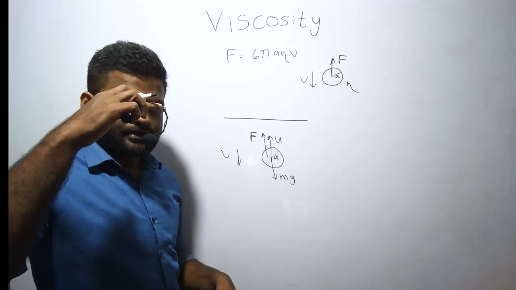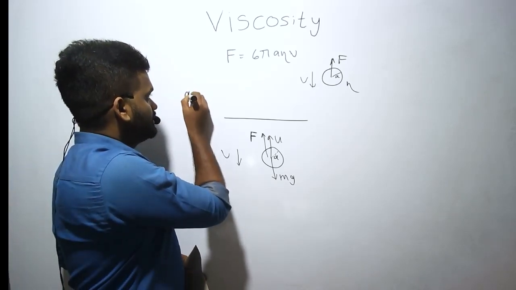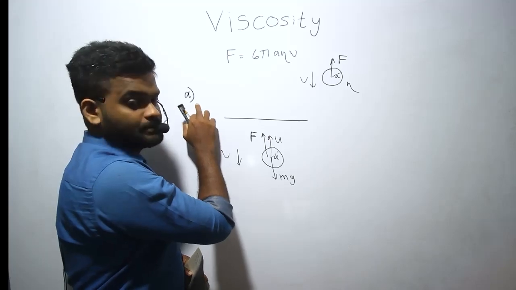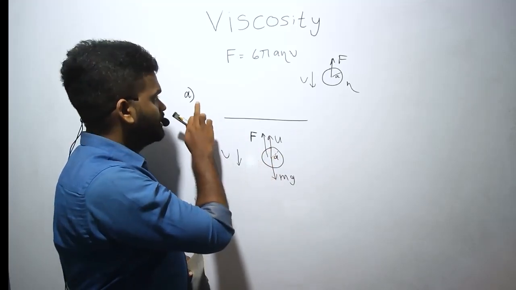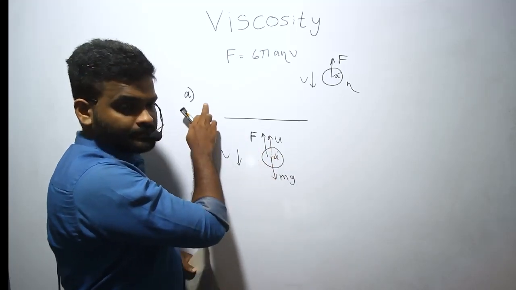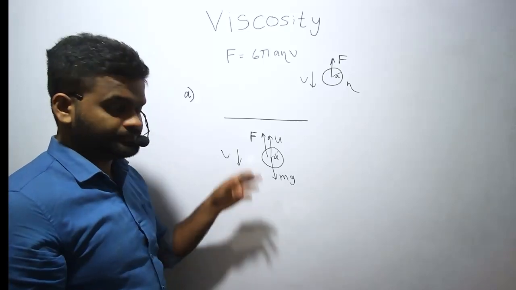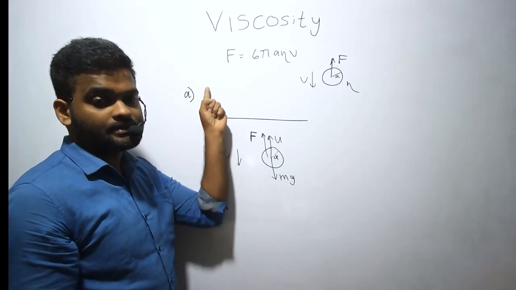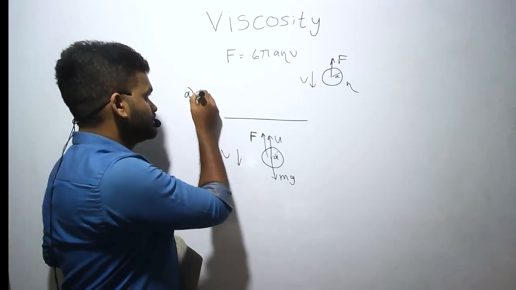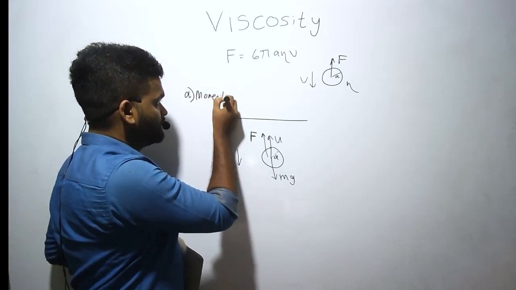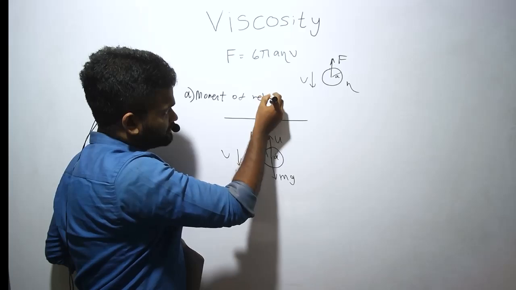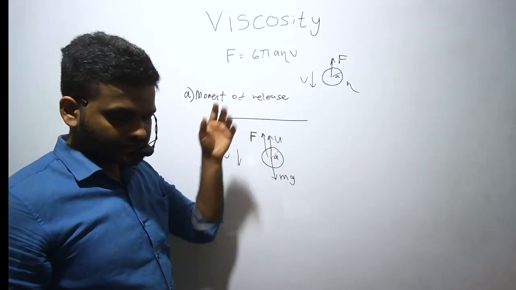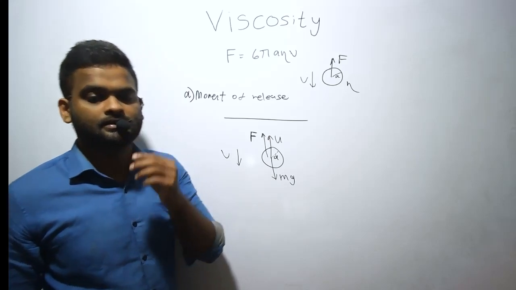Under that topic you wrote, put simply A. Don't draw this yet, just put simply A. In front of it, write moment of release. Moment of release, write that down.